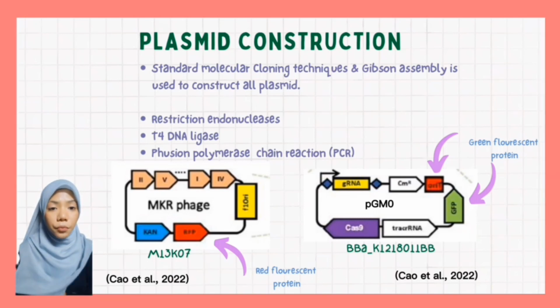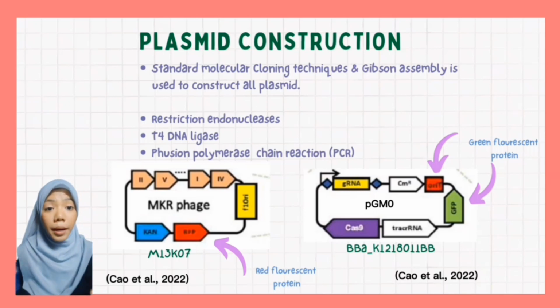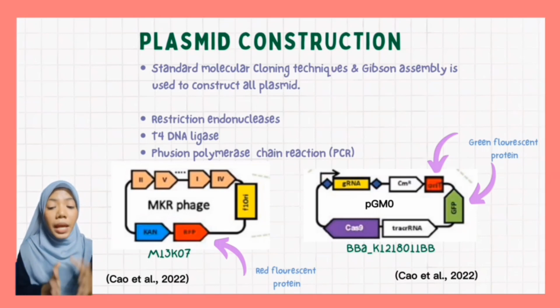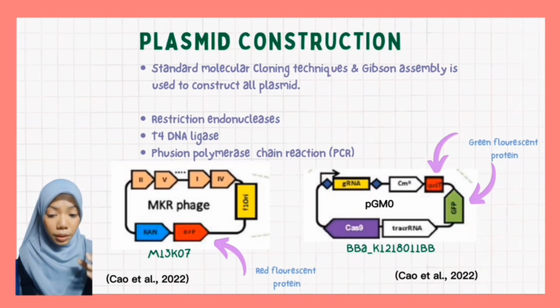As the figure below shows, MKR phage is constructed by inserting red fluorescent protein into M13K07, and pGM0 is constructed by inserting green fluorescent protein, or GFP, and oriT into BBa_K12180111BB.